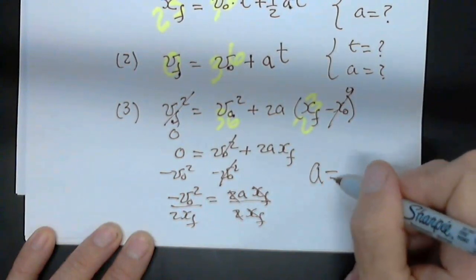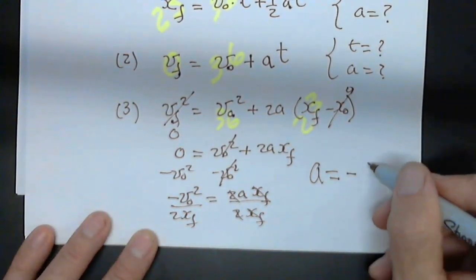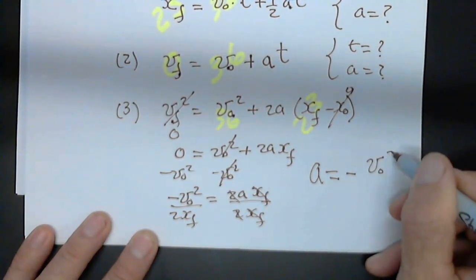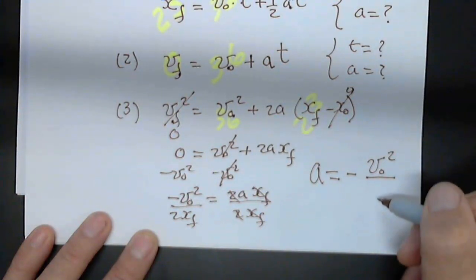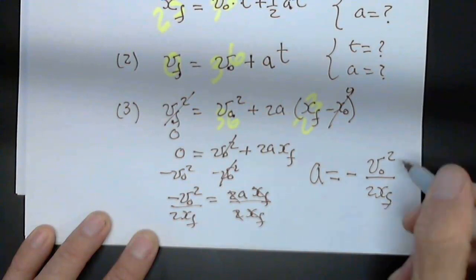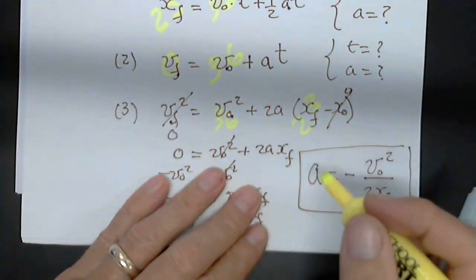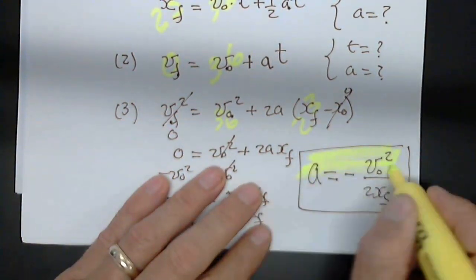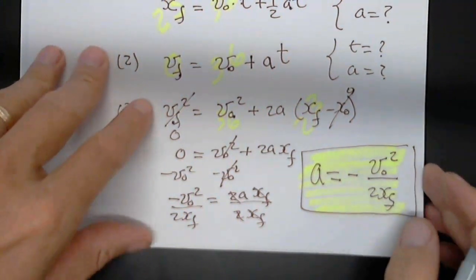And the acceleration is negative, and that's the reason why I stop. It's moving to the right, but the acceleration is to the left, as you can see over here. And this is the equation to calculate the acceleration.